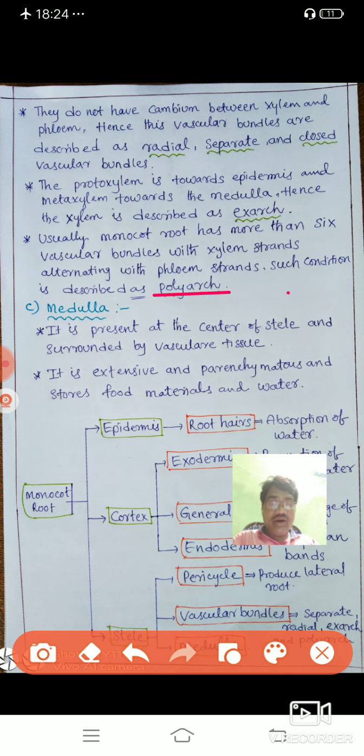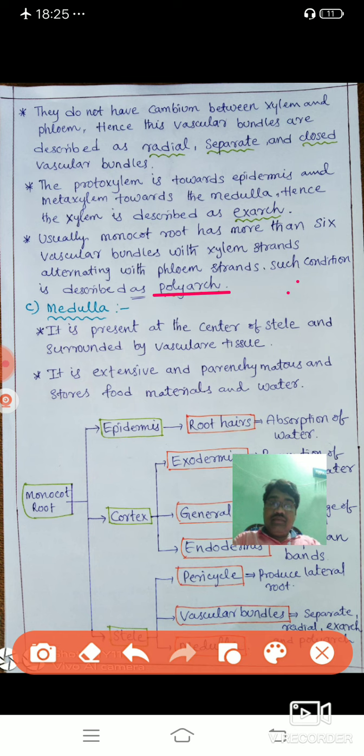The xylem and the phloem elements are connected by the conjunctive parenchyma present between them. It stores the food materials, and in some members of the monocot root it becomes sclerenchymatous at the maturity stage.